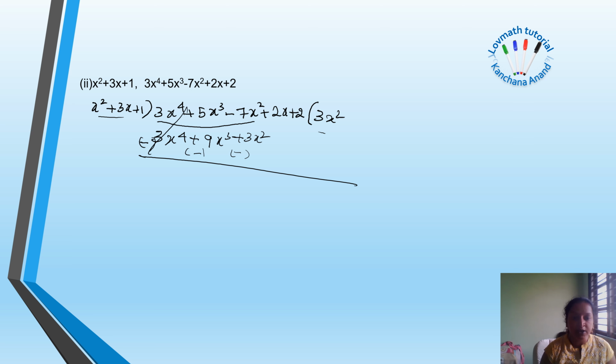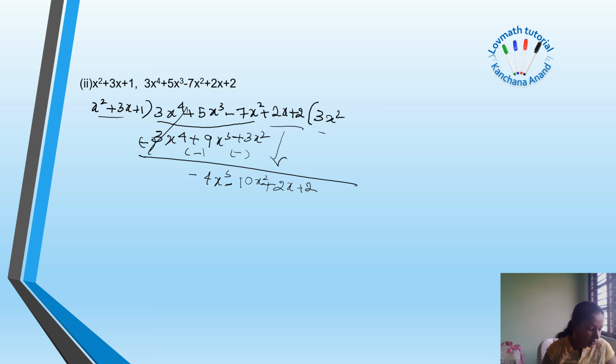So plus 5x cube minus 9x cube is minus 4x cube, minus 7x square minus 3x square is minus 10x square. Now let us take the remaining terms for division. That is plus 2x plus 2.